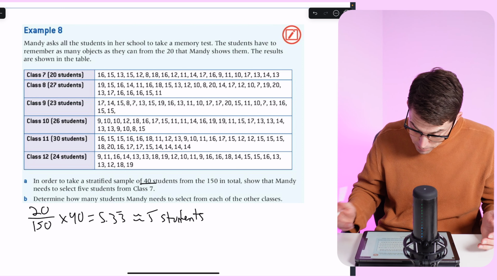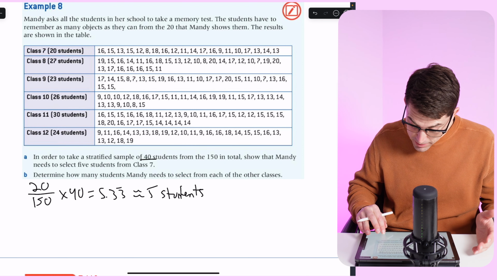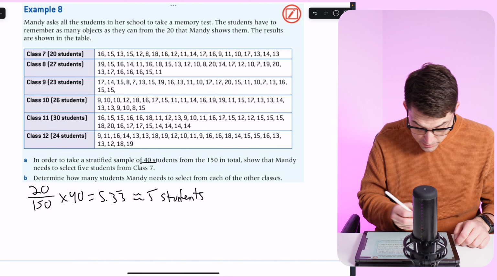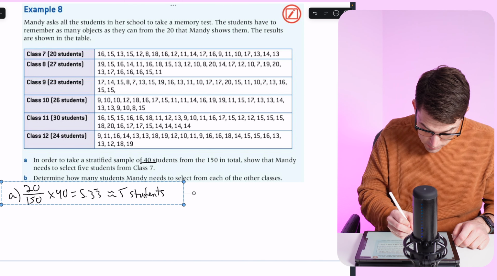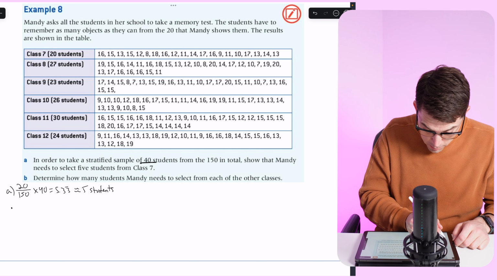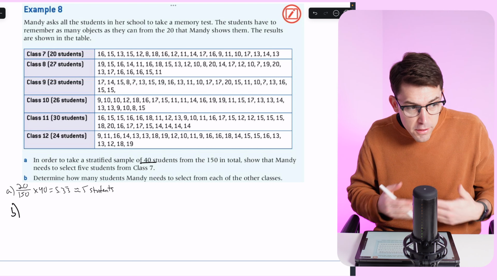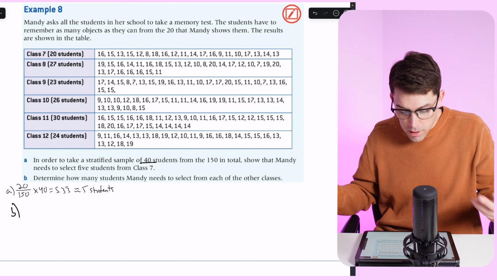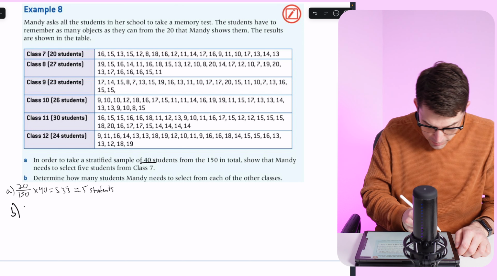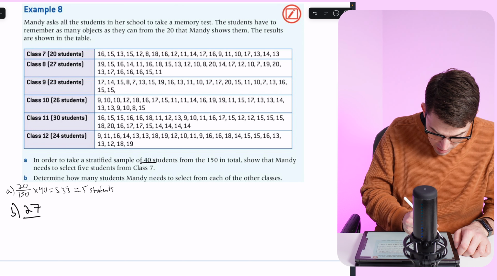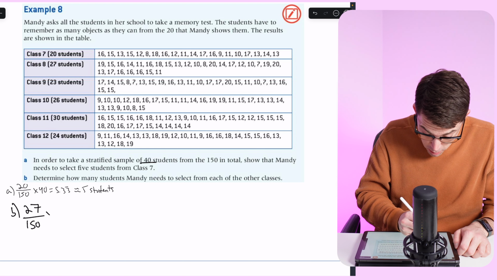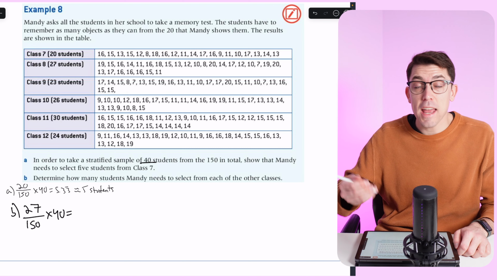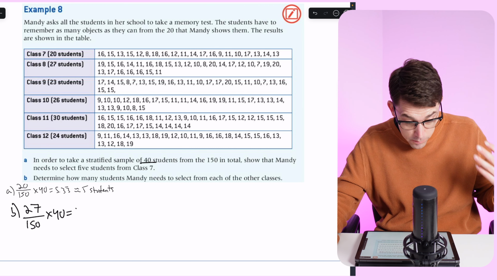And how many students would Mandy need to select from each of the other classes? If this is part A, I'm going to shrink this down so it's a little neater. Now for part B, we're going to have a little bit of a formula here, because if 27 of the students out of 150 represent class 8, and we know we're going to be doing 40, that gives us the new number.